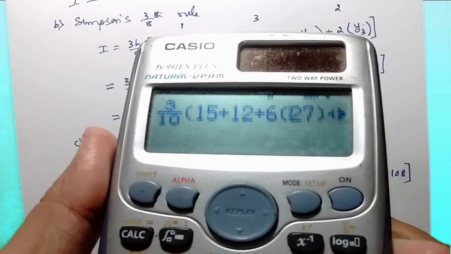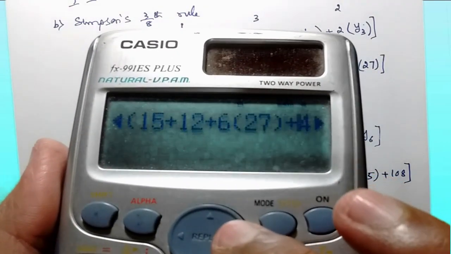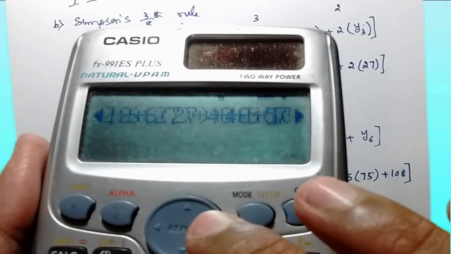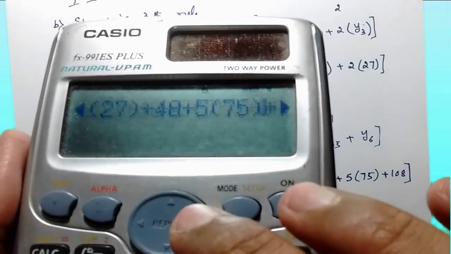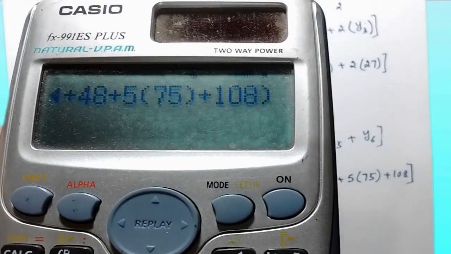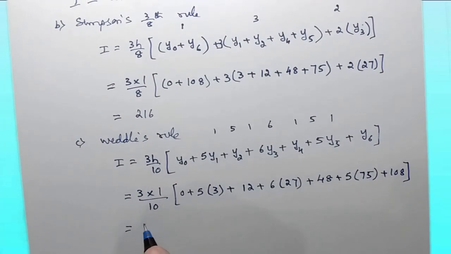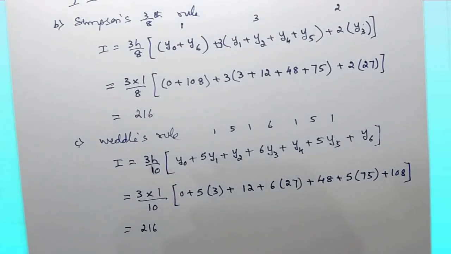You can just see I have typed the values there. 3 by 10 into 15 plus 12 plus 6 times of 27 plus 48 plus 5 times of 75 plus 108. So if you try to observe, once again you are getting 216. Which means for all 3 formulas the solution is the same.